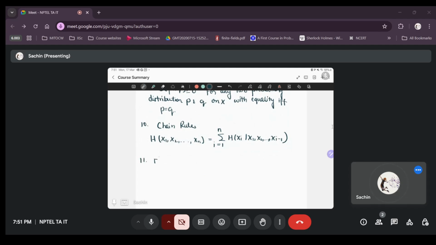Then we have the quantity mutual information.